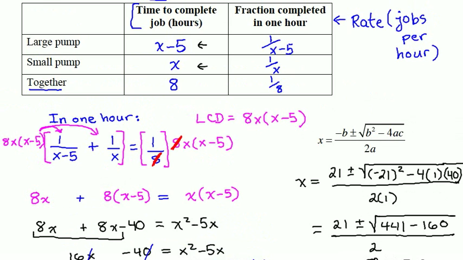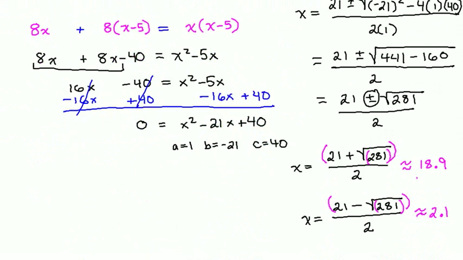This tells me that my answer 2.1 isn't really reasonable because it makes x minus 5, the time for the large pump, negative. So I'm just going to keep the answer 18.9.